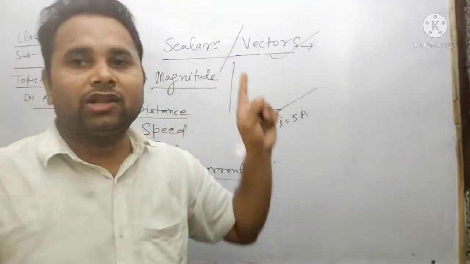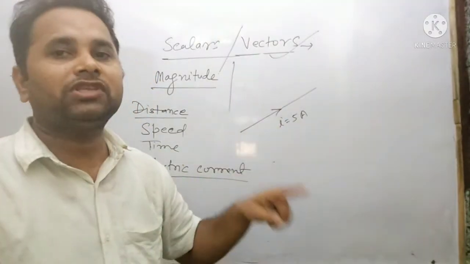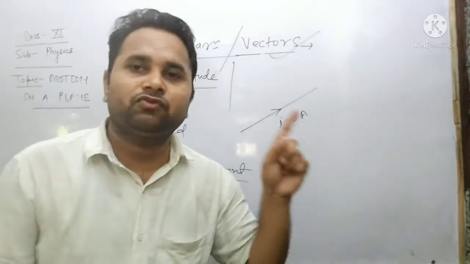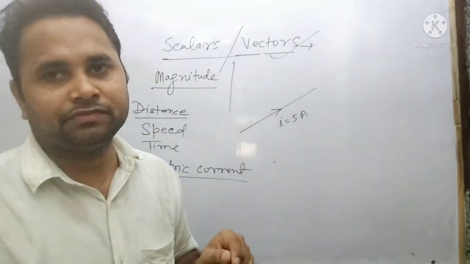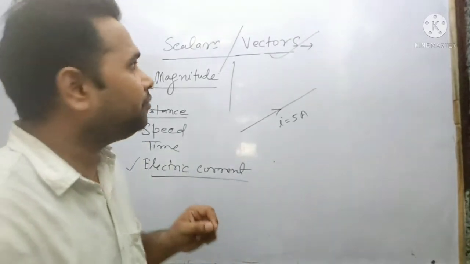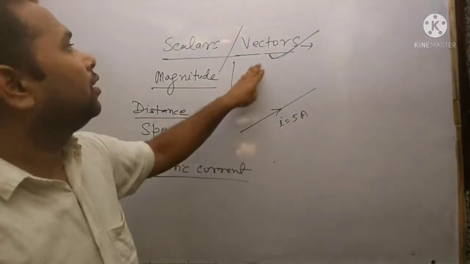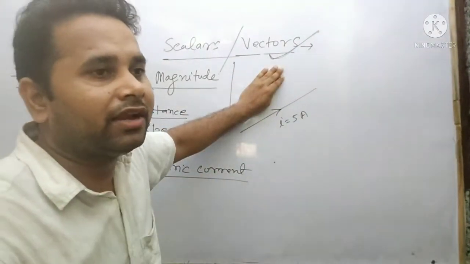Vector quantities are those quantities which have magnitude, which have direction, and the quantity should obey the laws of vector addition. Nothing new, we have studied about vectors that they only have magnitude and direction.